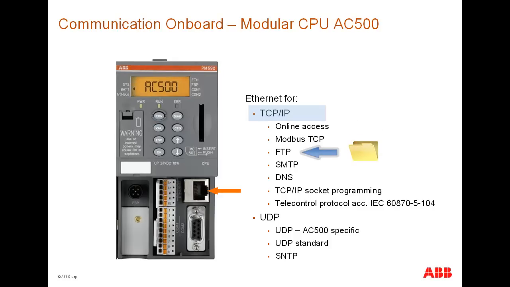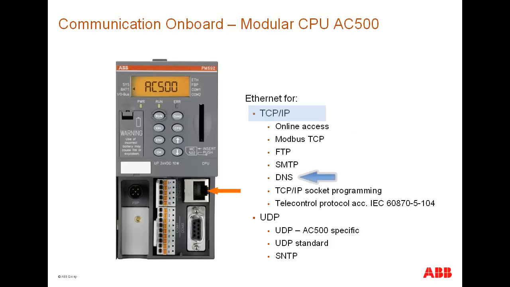File transfer functions are possible if we configure the FTP server function in this mode. Another possibility is sending emails using SMTP protocol. Configuring this port for Modbus TCP functionality would enable us to exchange data with other AC500 controllers or with third-party PLCs, as a Modbus server, or client, or both.